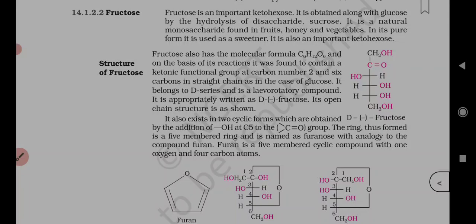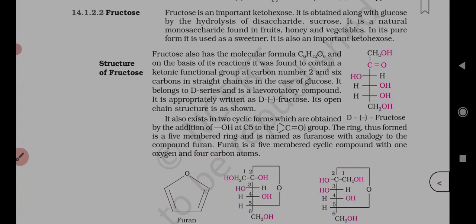The cyclic structures of the two anomers of fructose are represented by Haworth structures. In Haworth structures, the right hand side groups are present outside.